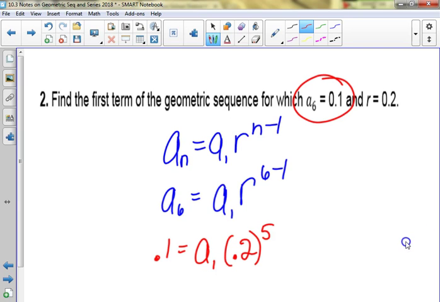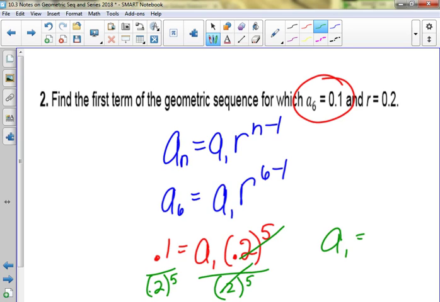So can you work backwards? We just divide both sides by 0.2 to the 5th. The first term is 0.1 divided by 0.2 to the 5th.